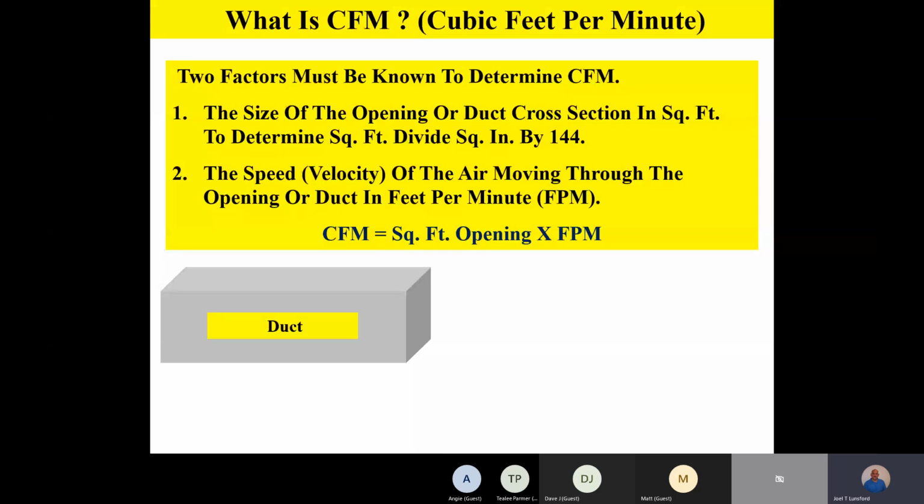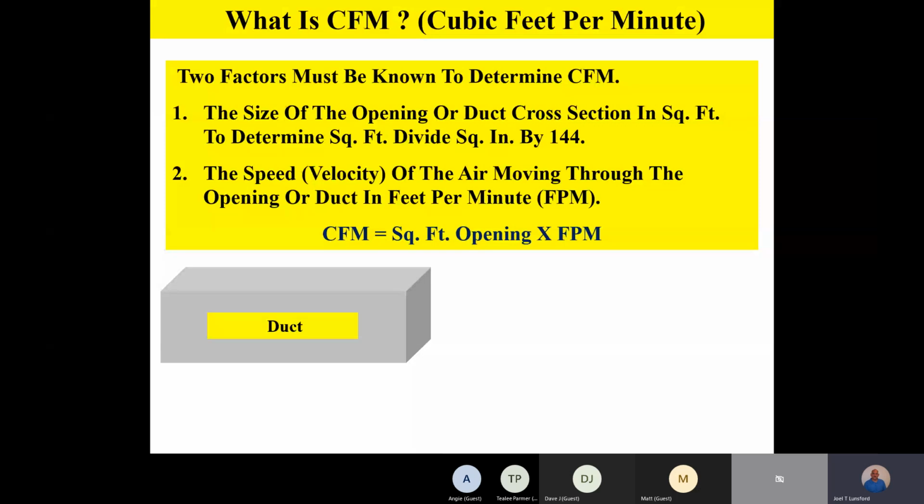You could pull the register off this. In feet per minute, then we'll multiply those factors together, the square foot opening, cross section of the duct, times feet per minute to find actual delivered CFM.